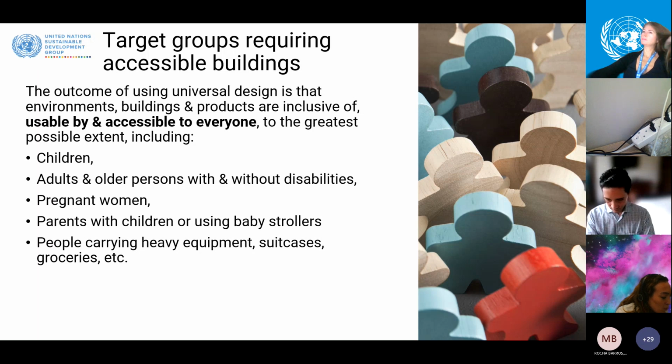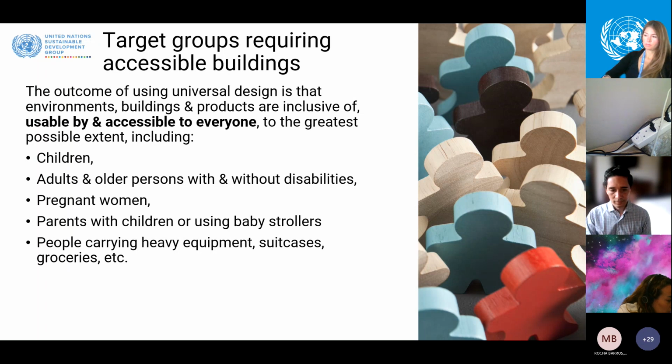All those categories of people will make use of a ramp, for instance, to enter the main entrance. All these users will make good use of an electronic door that doesn't require them to do any action to open it. So physical accessibility is not just for persons with disabilities, but actually for everyone.